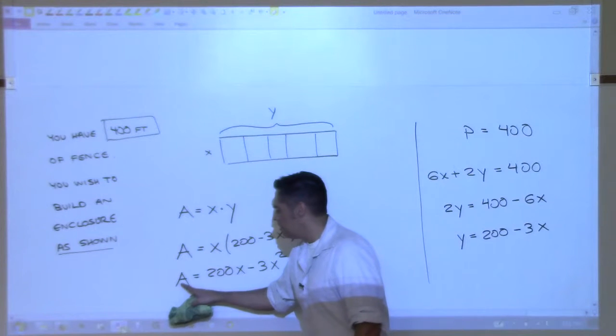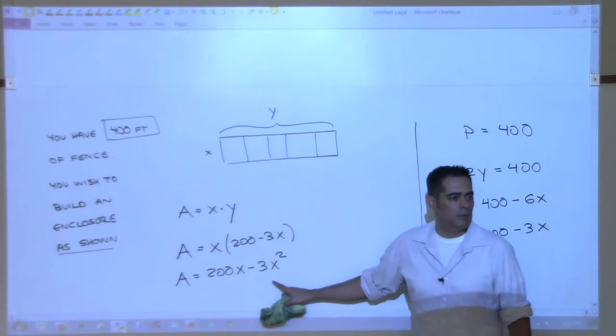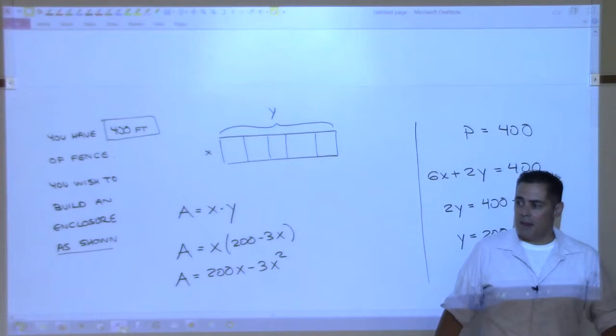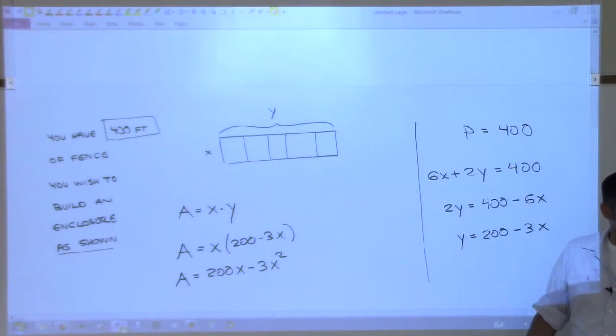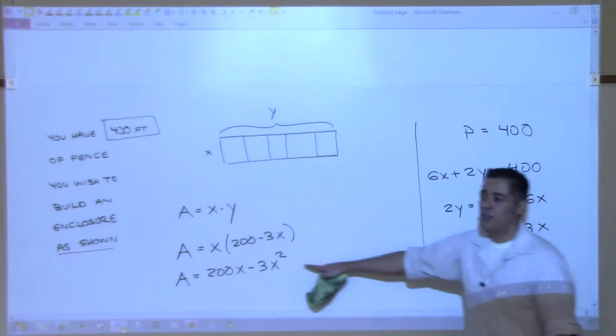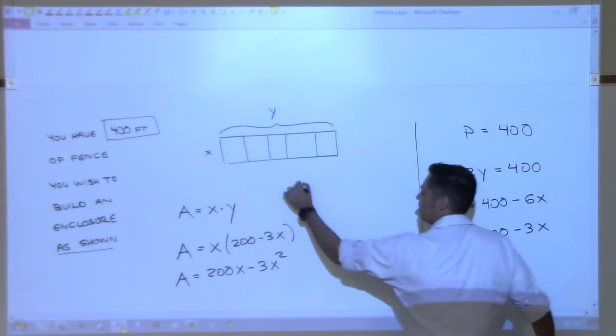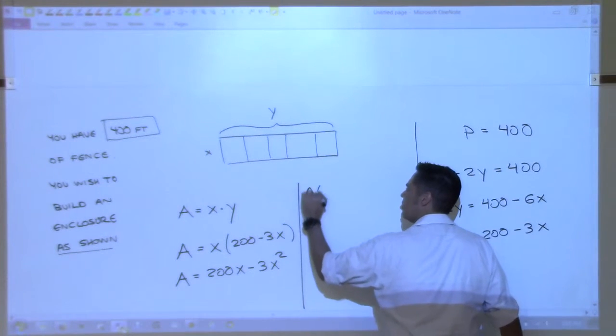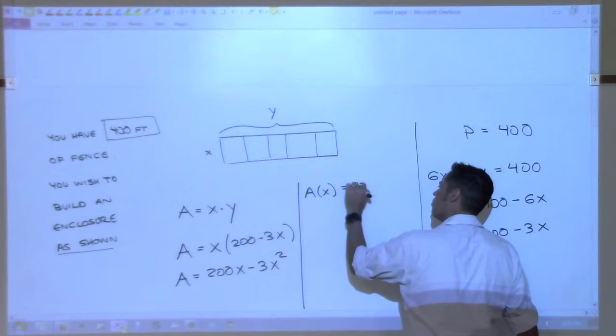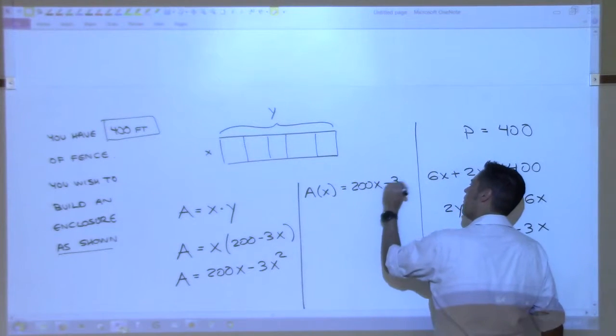So now, does area depend on a single variable? Yes. So you could look at area as being a function of x, right? In fact, it is a continuous function of x. The area we could view as a continuous function of x is 200x minus 3x squared.